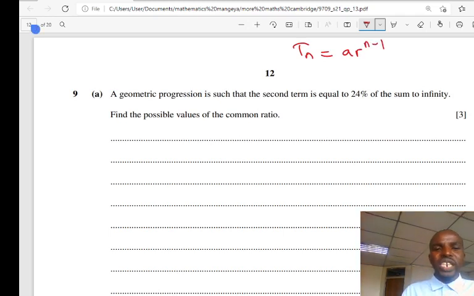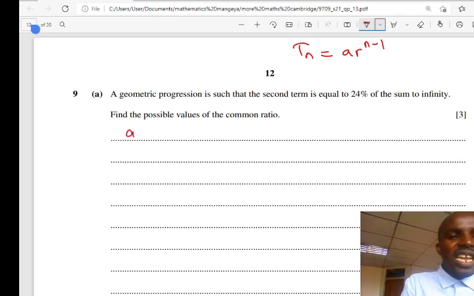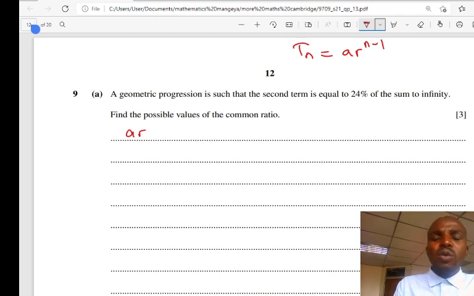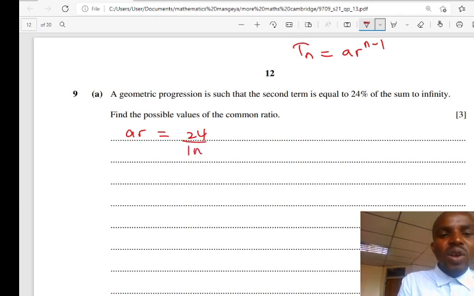So the second term is AR to the power 2 minus 1, which is AR, is equal to 24% of the sum to infinity. So AR is equals to 24 over 100 of the sum to infinity. Sum to infinity is A over 1 minus R.